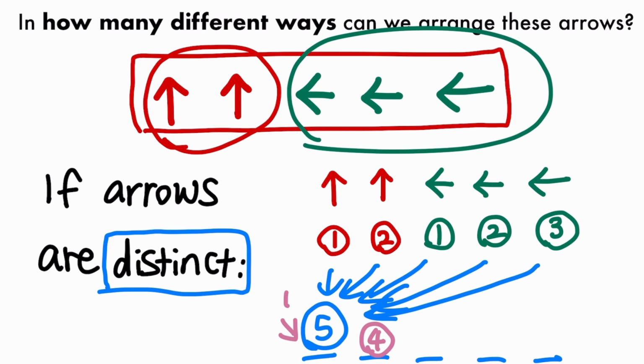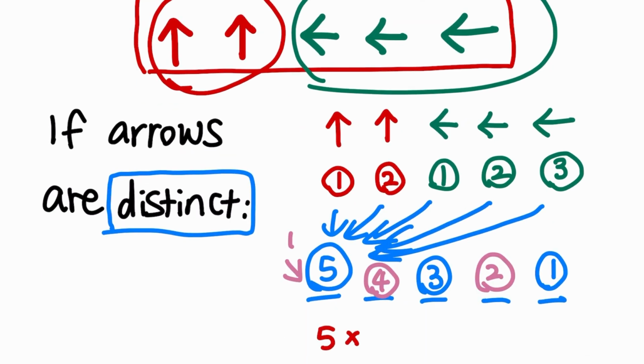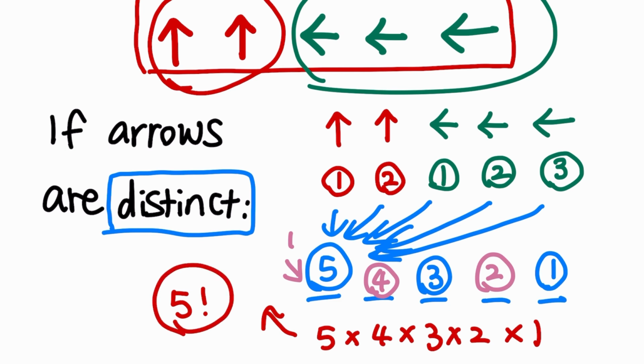In the third position, there are 3 options. In the fourth position, there are 2 options. In the last position, there is just 1 option left. So in total, there are 5 times 4 times 3 times 2 times 1 different arrangements, right? We call this 5 factorial.